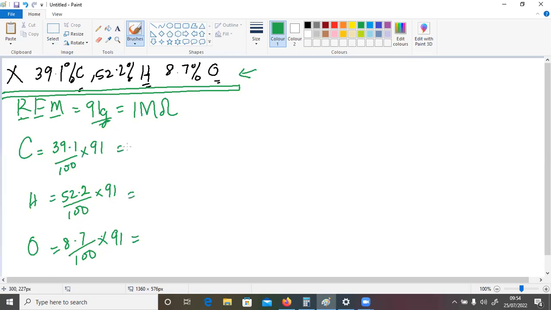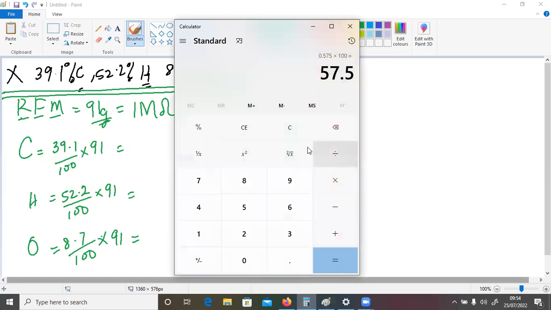So checking our calculator quickly here, let's see what it gives us. 39.1 multiplied by 91 divided by 100.